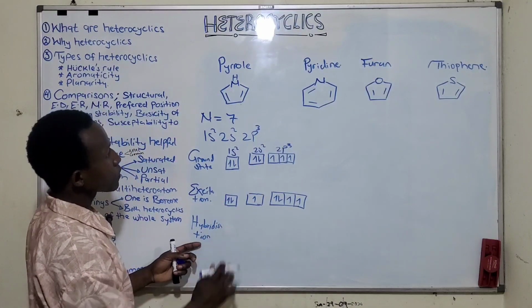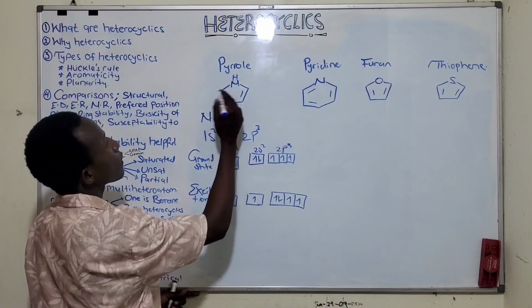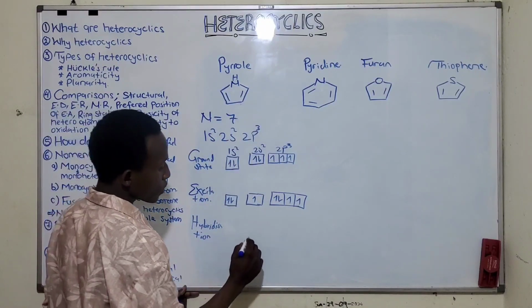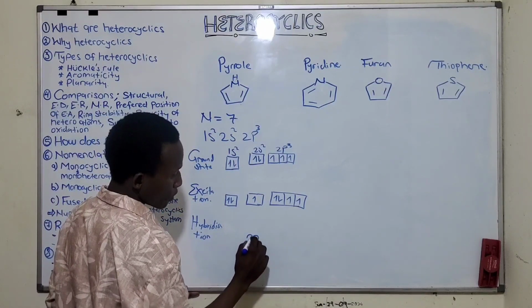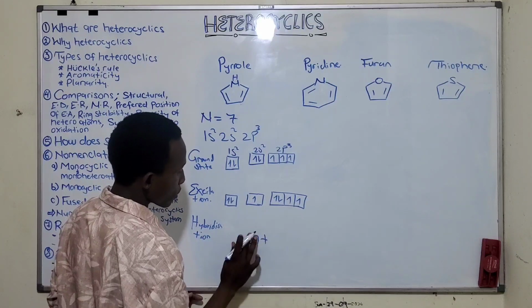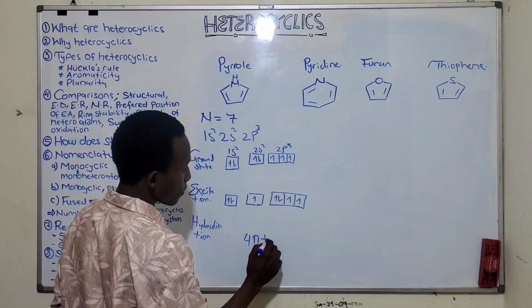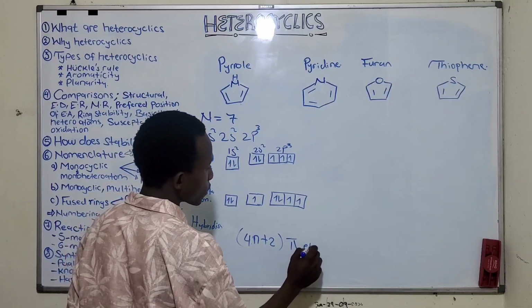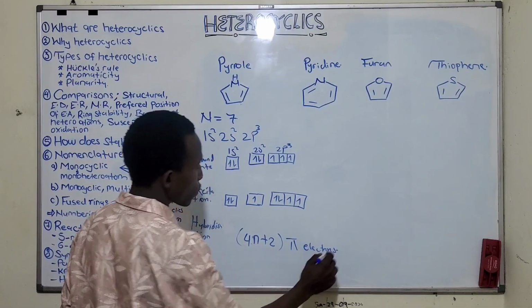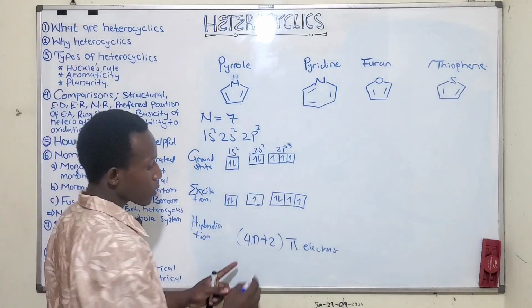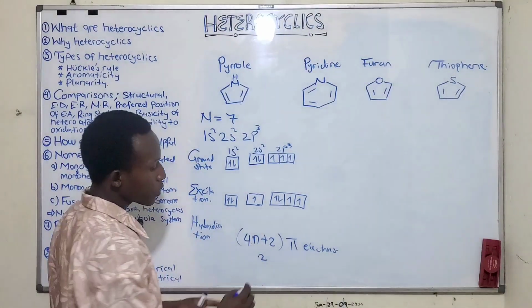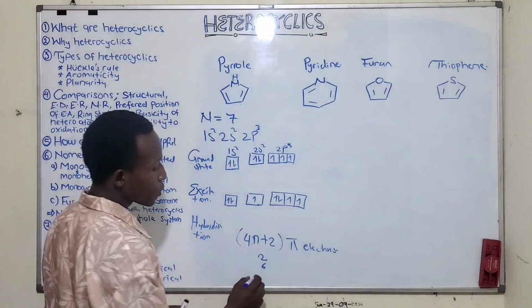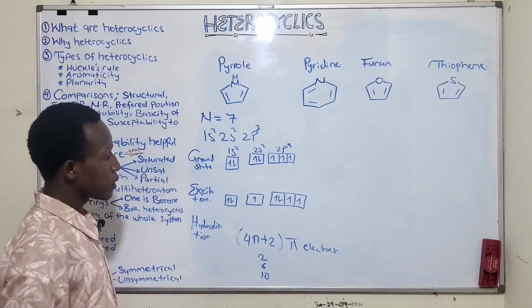Now remember, the number of pi electrons follows this formula: 4n plus 2. So if n is 0, we shall have 2. If n is 1, we shall have 6. If n is 2, we shall have 10.